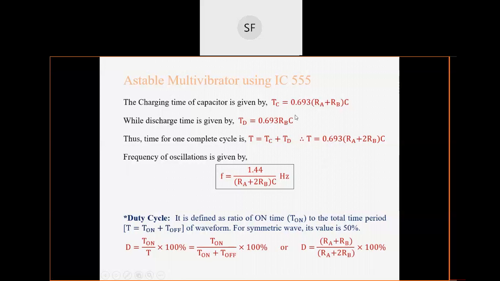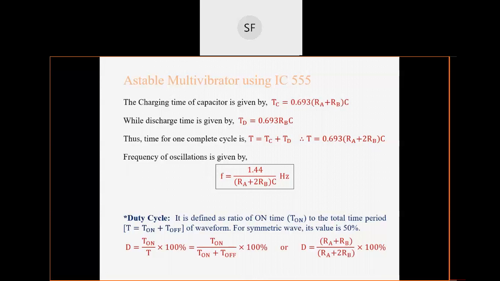We know the relationship between time period and frequency: frequency is the reciprocal of the time period, 1 divided by T. Taking the reciprocal of this expression, 1 by 0.693 becomes 1.44, and this term is in the denominator.